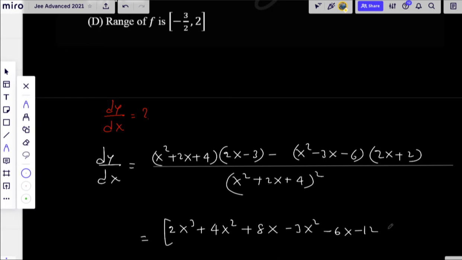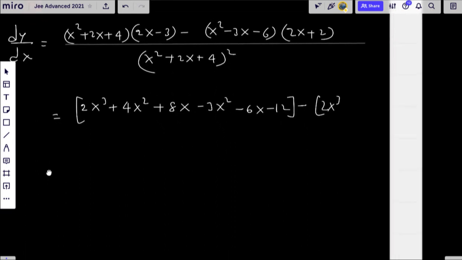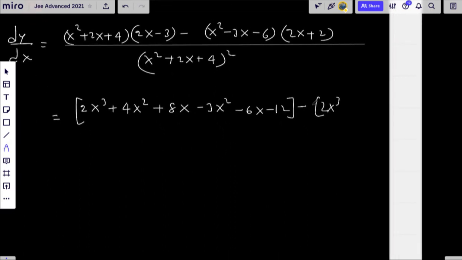Okay, and then after the negative, for another bracket, that is 2x cube once again, and minus 6x square, minus 12x, minus 6x minus 12. Okay, later on we'll manage, don't worry. This is also in bracket.